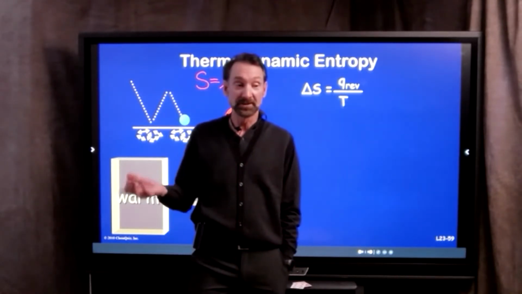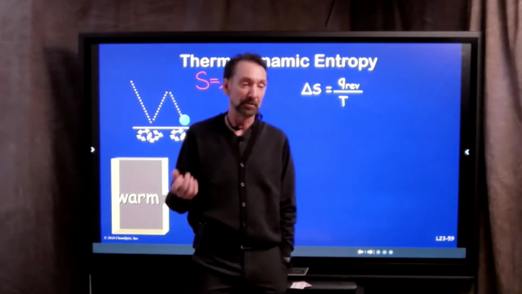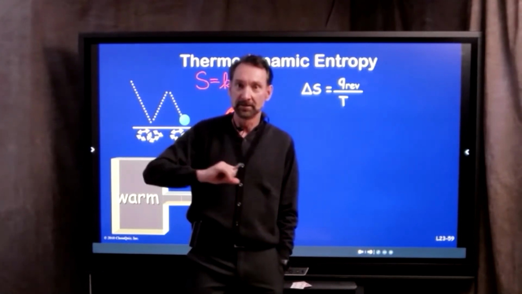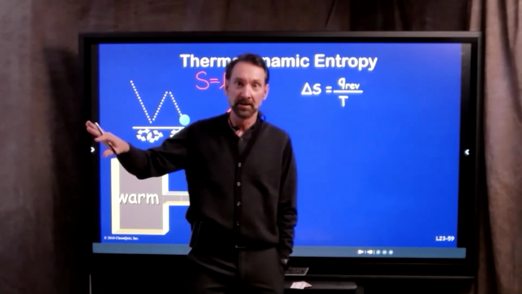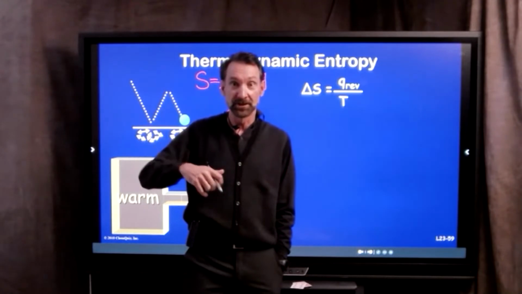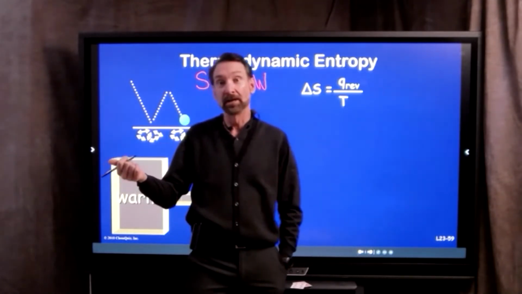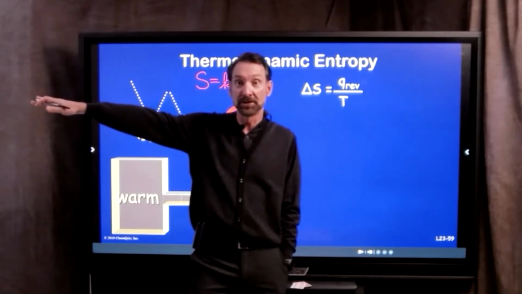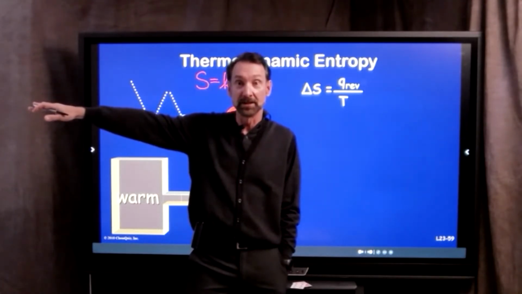A better way that I remember the second law is, for any spontaneous process, the entropy of the universe must increase. That's the only way we can tell things are going in one direction or the other. The time arrow of the universe is towards increasing entropy.